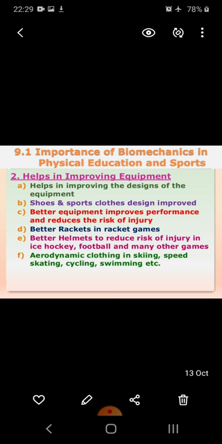Shoes and sports clothes constitute the equipment used in almost every sport. The equipment used by a sportsperson may have an effect on performance, either directly or through injury prevention.